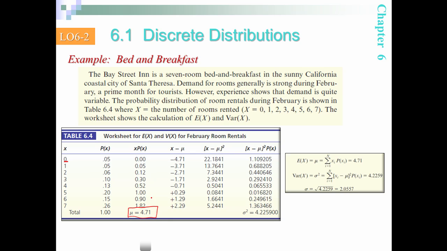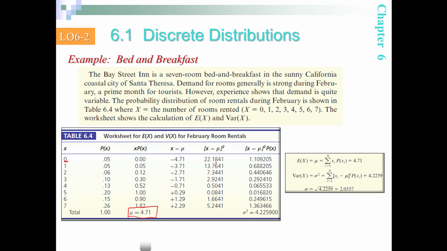But to get the standard deviation, what we need to do is take X minus mu. So now that we've got the mean, we can subtract that from X. And so we have 0 minus 4.71 is negative 4.71, 1 minus 4.71, and so forth. And then, instead of averaging all these values, because if I average these values I'm going to get 0, we're going to square those values and then take the average of these according to the weights that are given here.